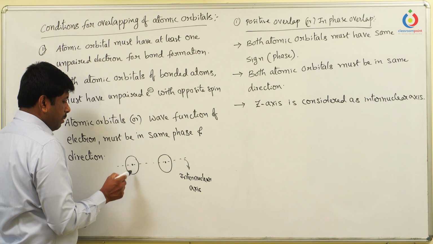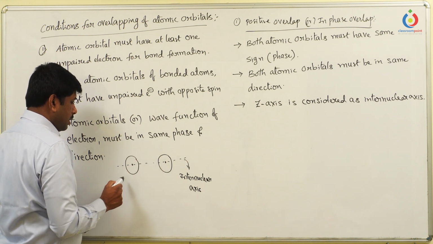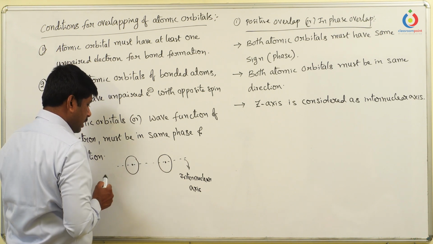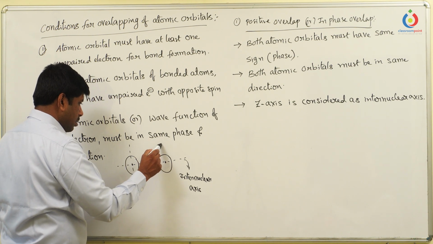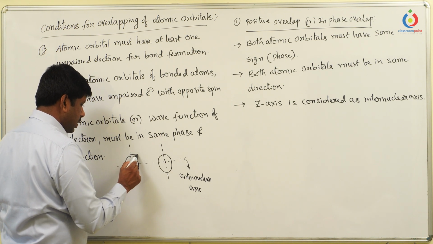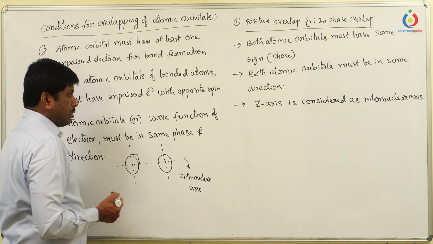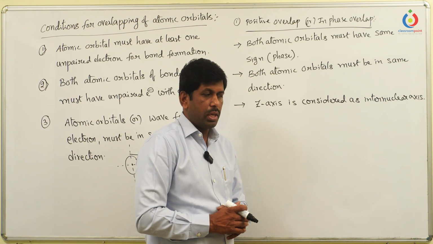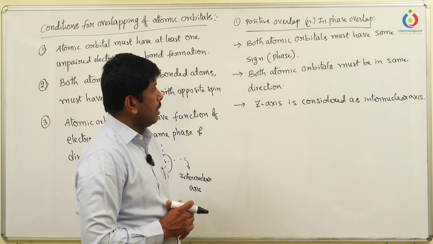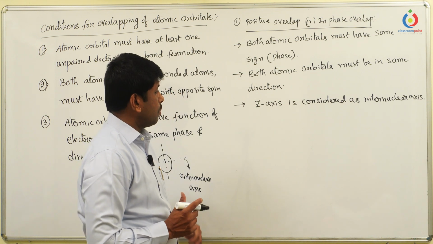Atomic orbitals may overlap with each other along the internuclear axis or perpendicular to the internuclear axis. Now let us see in-phase overlap, or the positive overlap.